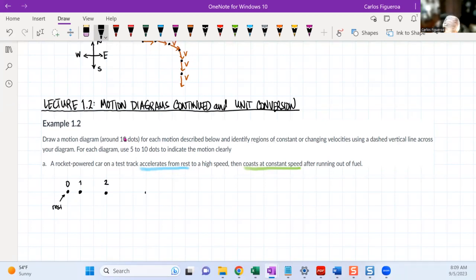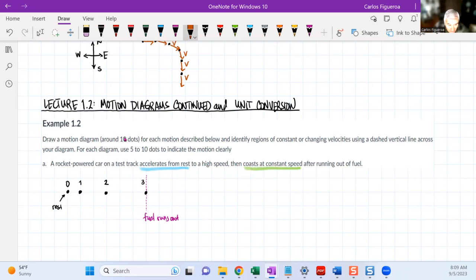Then I'm going to go to my third dot, and right here, I'm going to identify that this is where the fuel runs out. So now here comes the question. What do my arrows look like?